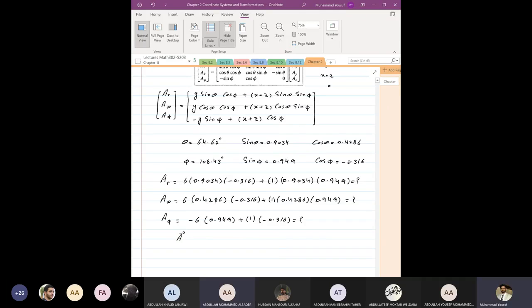I did the calculations. Okay, so what is A_r? Minus 0.86. And A_theta, minus 0.406. A_phi, minus 6.01.